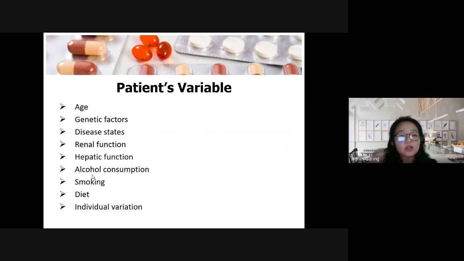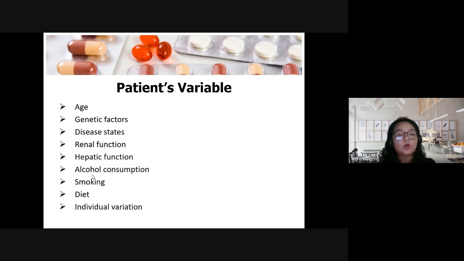Okay, the renal function and the hepatic function should also be considered, and then alcohol consumption. In alcohol consumption class, the ones that we have to remember is that when there is chronic alcoholism, so meaning to say, laging umiinom yung pasyente, the patient is addicted to alcohol or is an alcoholic, no?